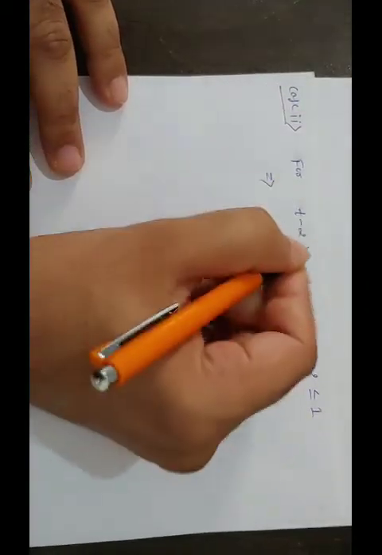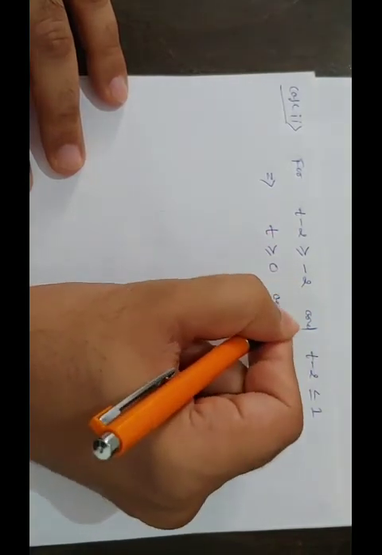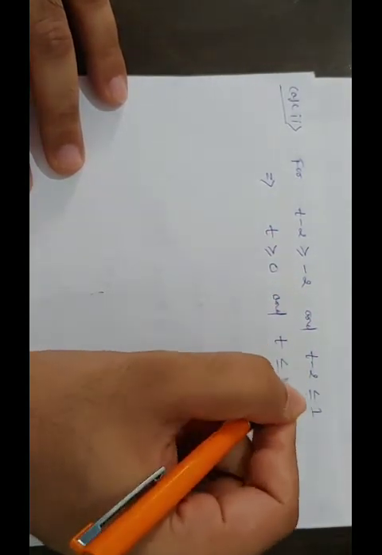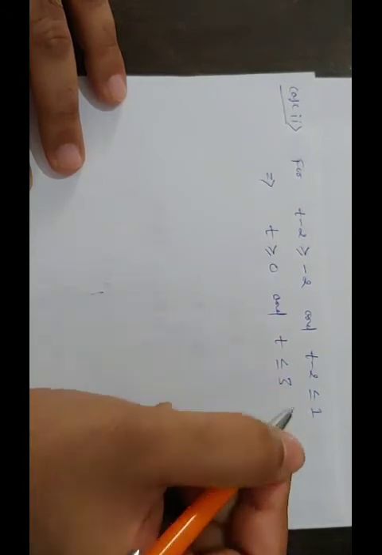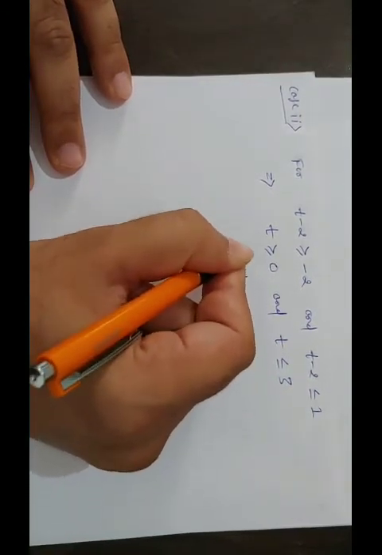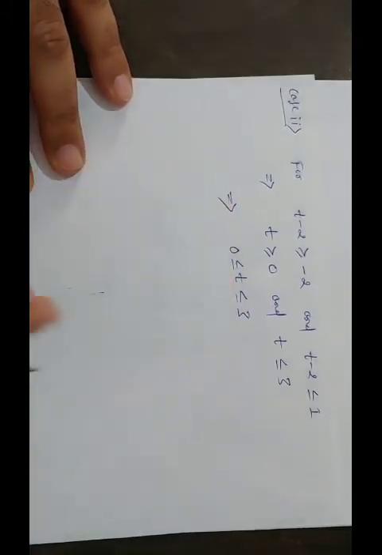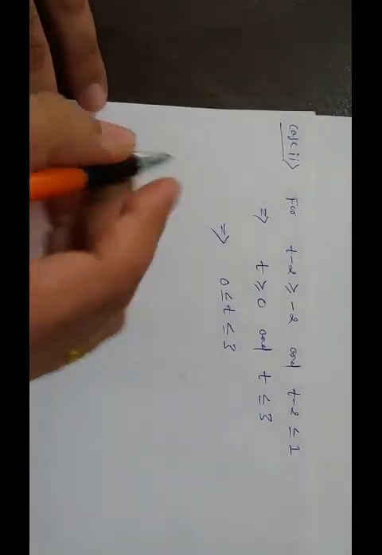So that is the range I am taking. This can be written as t should be greater than or equal to 0, and t should be less than or equal to, if I bring 2 this side, it becomes 3. So total range becomes t greater than or equal to 0 but less than or equal to 3. So within this range, we are talking.